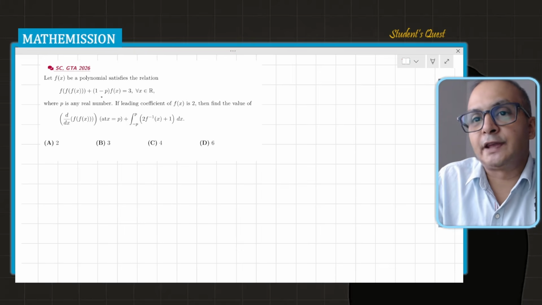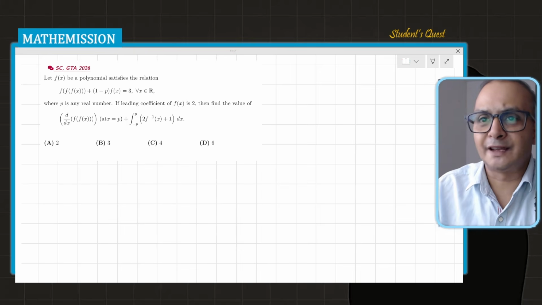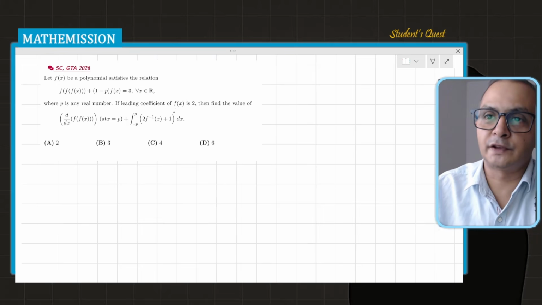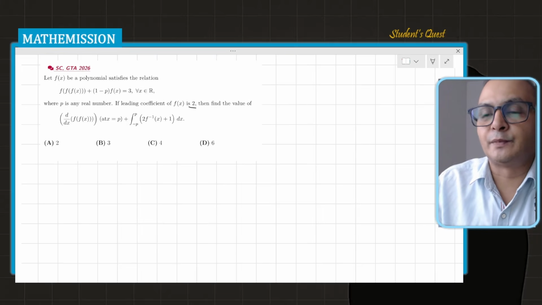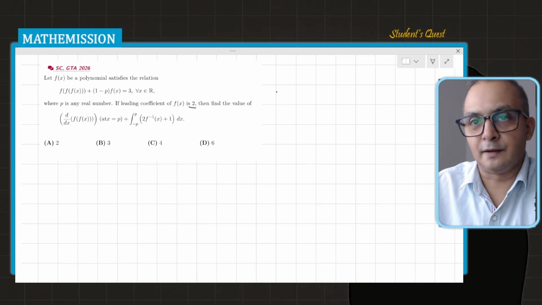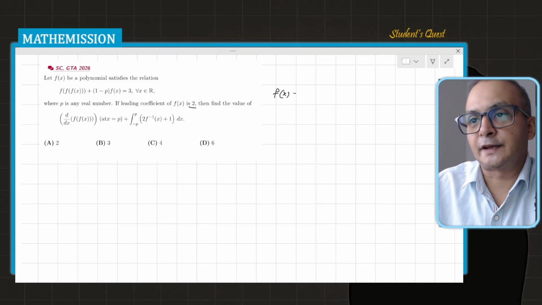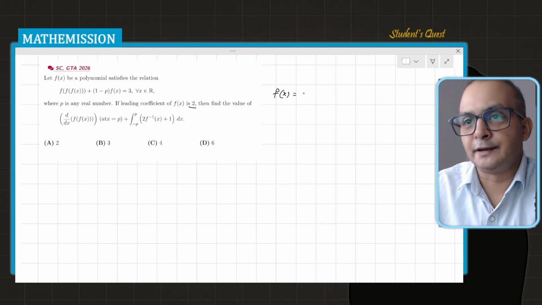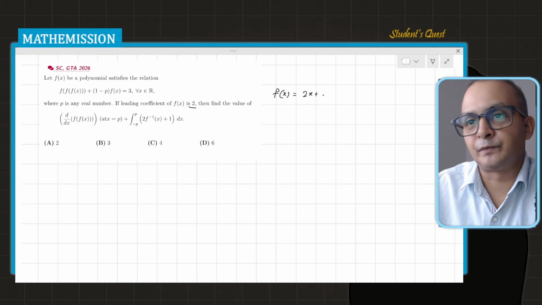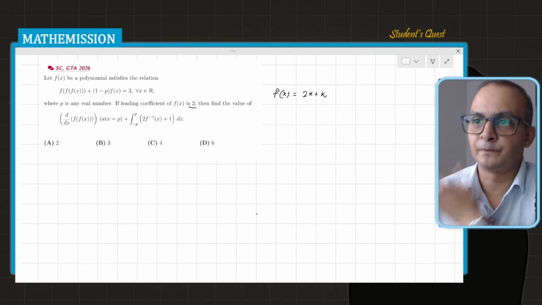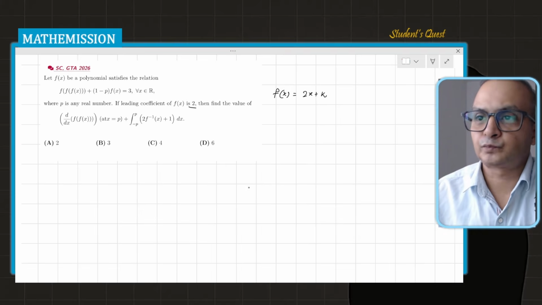So of course we cannot get the right hand side constant, so our guess must be that the leading coefficient is for a linear function. So f(x) is a linear polynomial, 2x plus any constant, let's say k, which I am assuming.